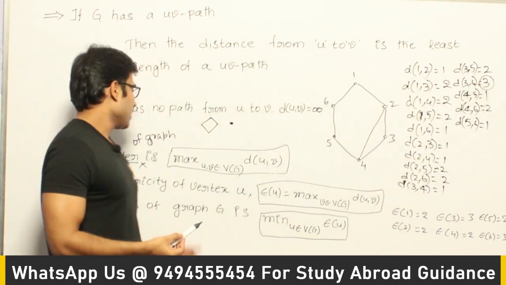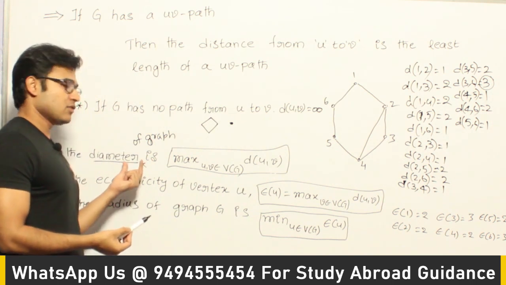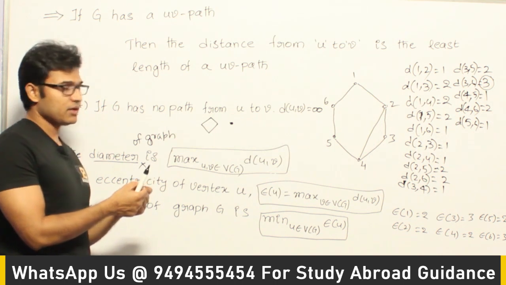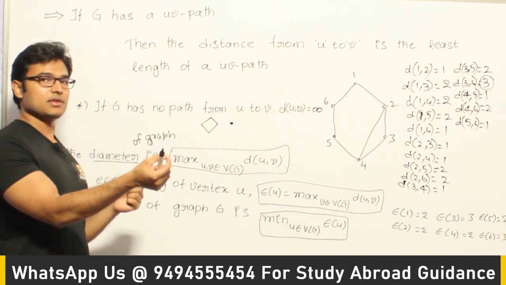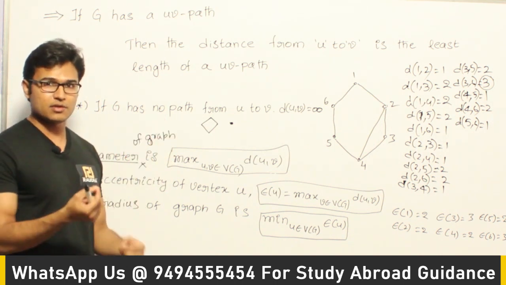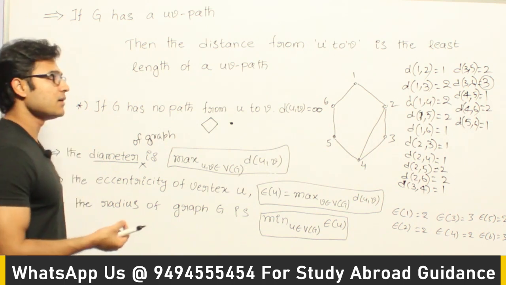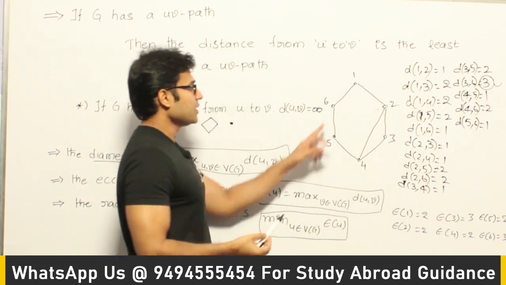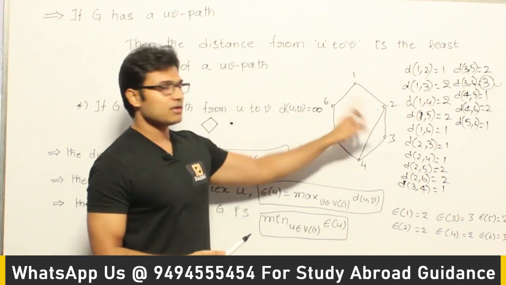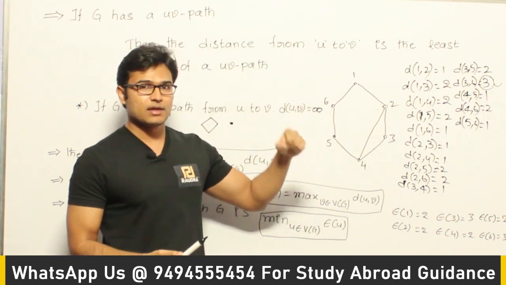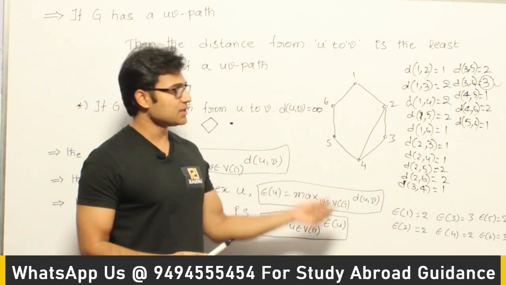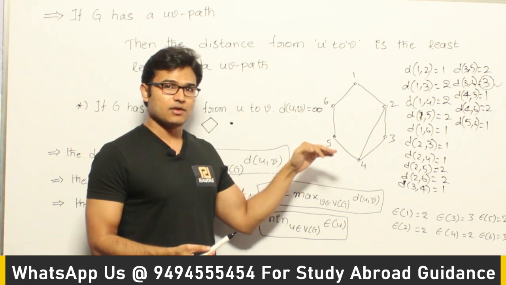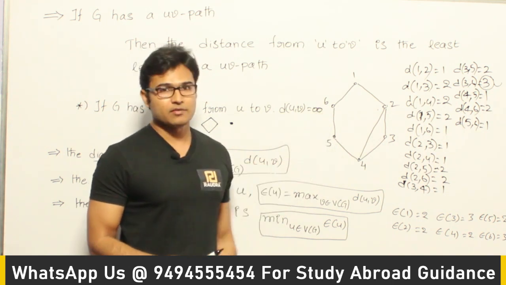Got it? Now by knowing the diameter of a graph, what you can understand is, from any vertex you can reach any other vertex in a distance less than or equal to the diameter, right? If the diameter is equal to 3 for this graph, what does it mean? From any vertex you can reach any other vertex in a distance less than or equal to 3, which means there will be a path whose length is less than or equal to 3 to reach from a vertex to any other vertex.